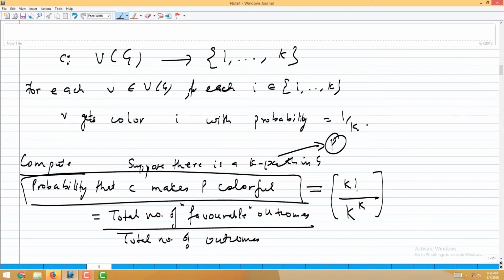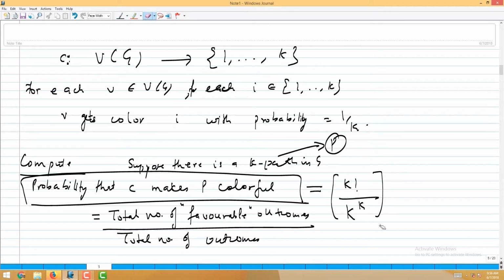Why is it k power k? What is my experiment? My experiment is not just coloring these k vertices. My experiment is coloring all the n vertices of the graph. So how many possible colorings will I have? What is the search space of this probability distribution? K power n.